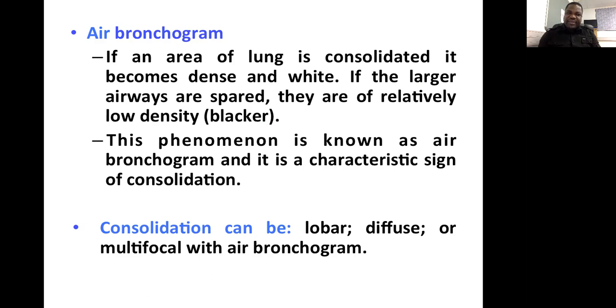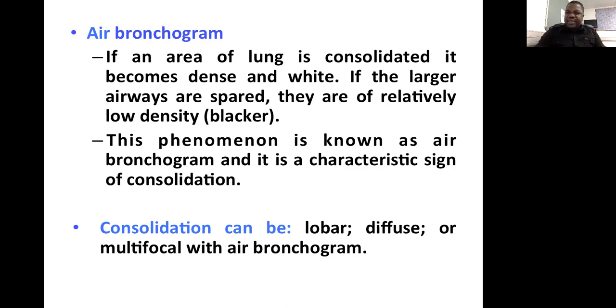So you will see that the area that becomes consolidated is dense and white, then around it you see the larger airways that are spared and look of low density. That's what we call the air bronchogram. This phenomenon is known as the air bronchogram, and it is a characteristic sign of consolidation.